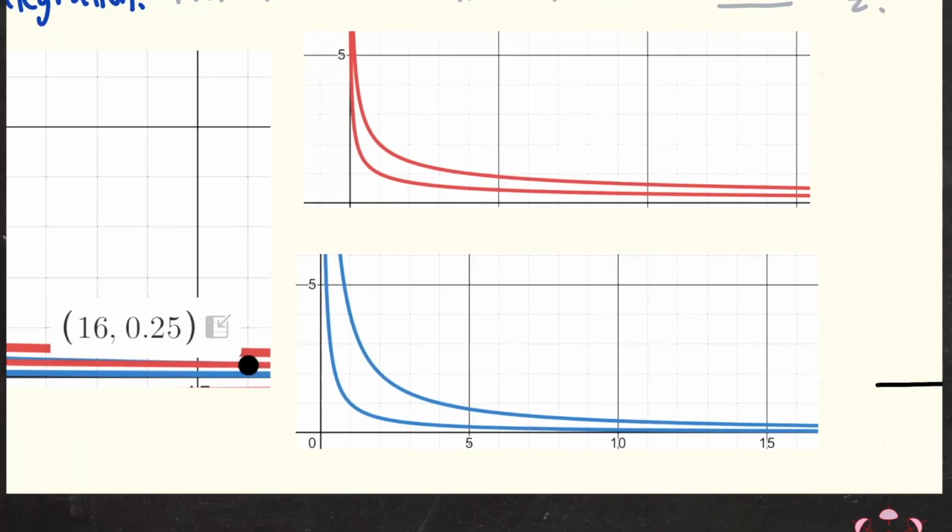The blue ones below: the lower one is xy equals 1, and the top one is xy equals 4, so these are hyperbolas. And the red curves: the lower one is xy squared equals 1, and the top one is xy squared equals 4.